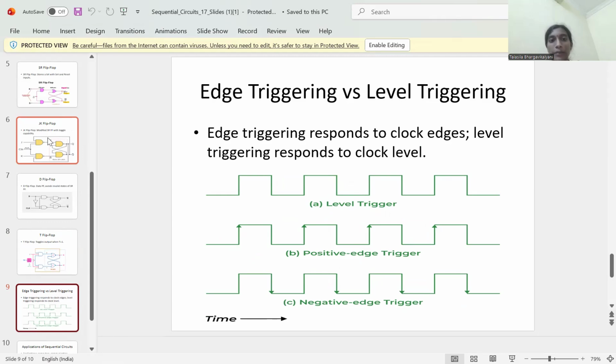Now, let us talk about edge triggering. In edge triggering, there are two types: positive edge triggering and negative edge triggering. Positive edge triggering means the clock pulse which increases is called positive edge triggering. Negative edge triggering means the clock pulse decreases downwards with respect to time.